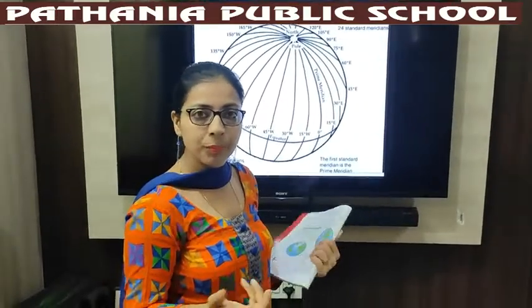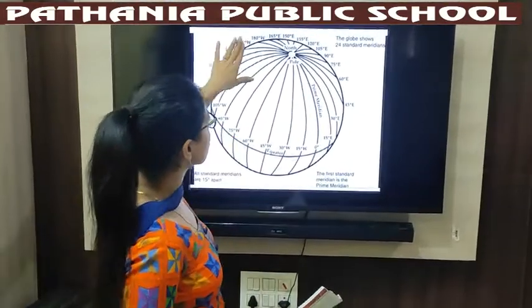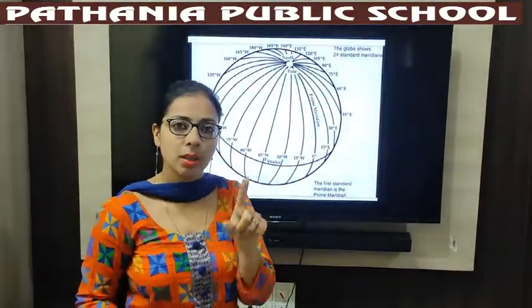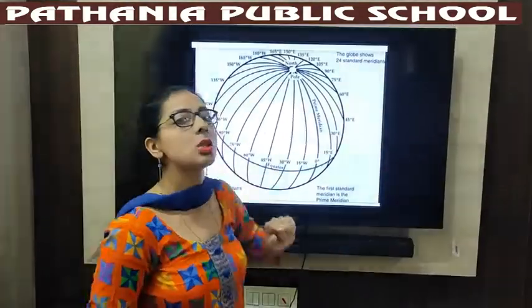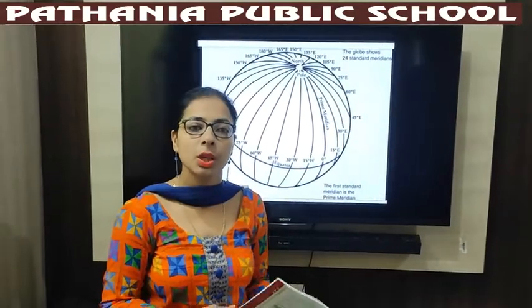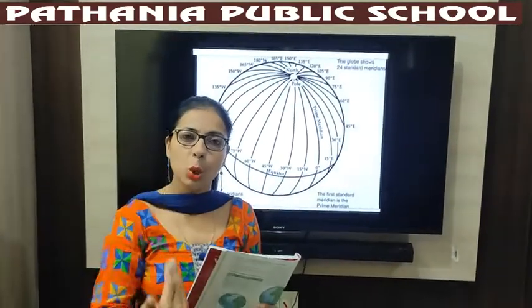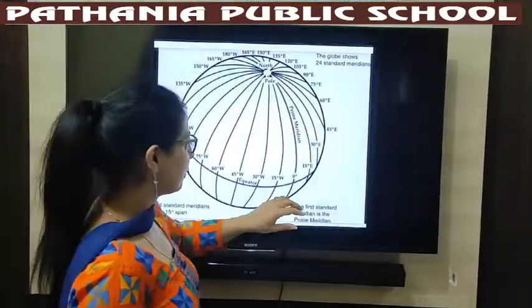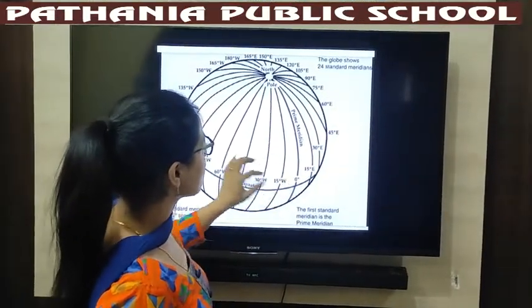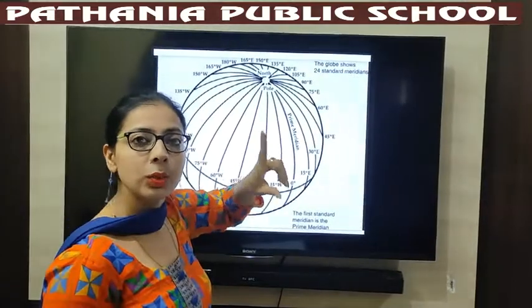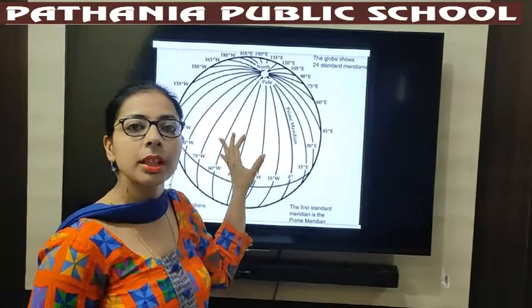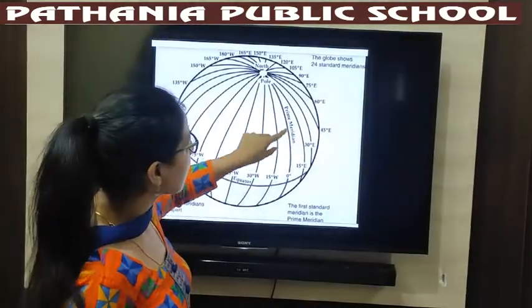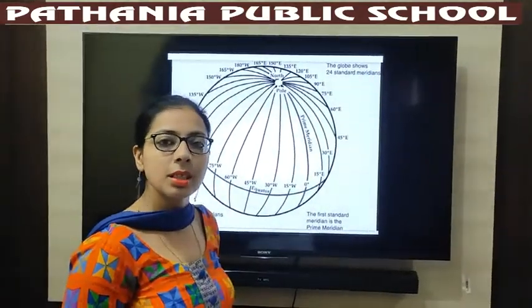Where did it go? To make you clear, whether you go from this side or that side, we will meet at one point. We will meet at the same point. So that means this 180 degree that you see is overlapping; the 180 degree east and the 180 degree west overlap each other. If I add this 180 and 180 minus 1, because 180 degree east and 180 degree west overlap, here I have 359 longitudes, and if I add the prime meridian I get 360 longitudes.